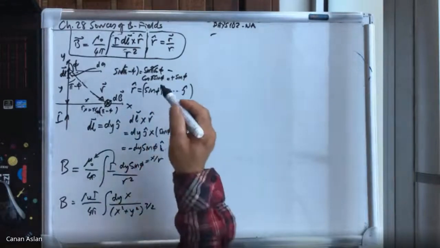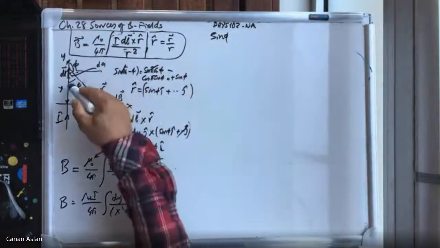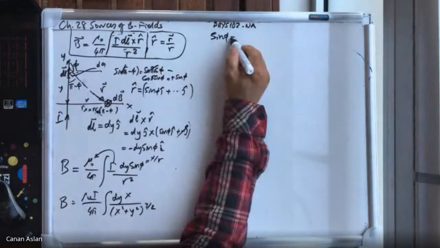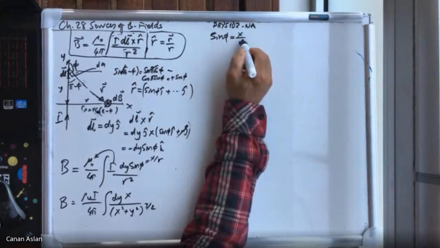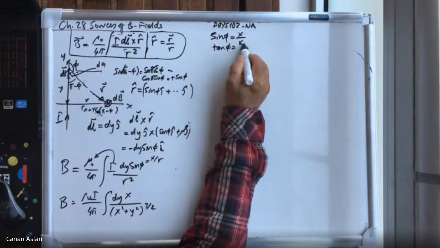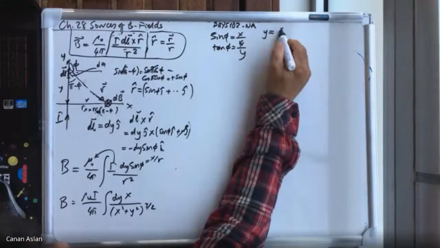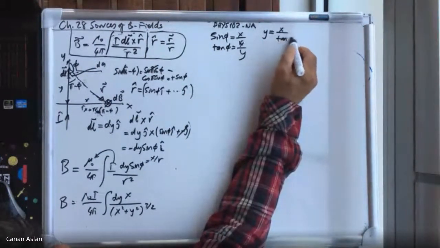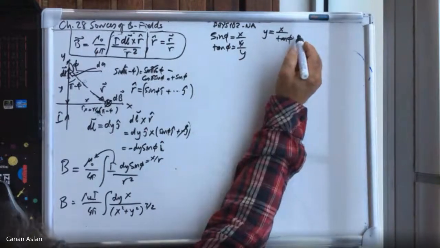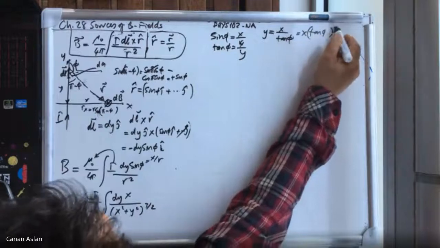We know that sine phi, coming from sine(pi minus phi), is just x over r, and tangent phi is nothing but x over y. From this, I can say that y is equal to x over tangent phi, and this is equal to x tangent phi to the power of minus 1.